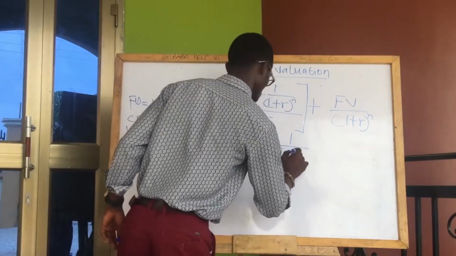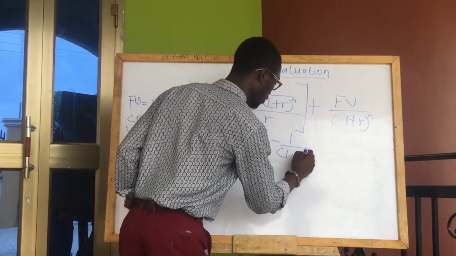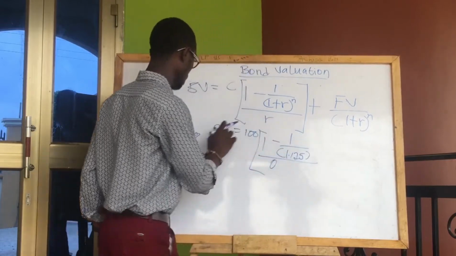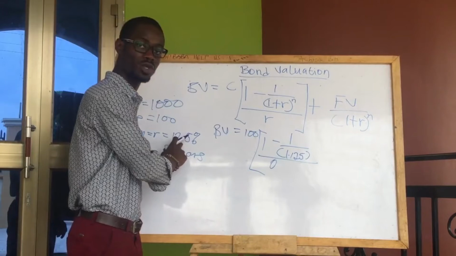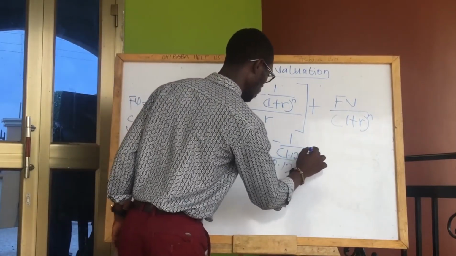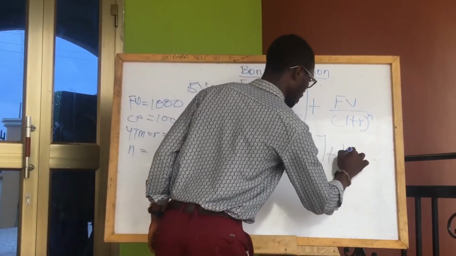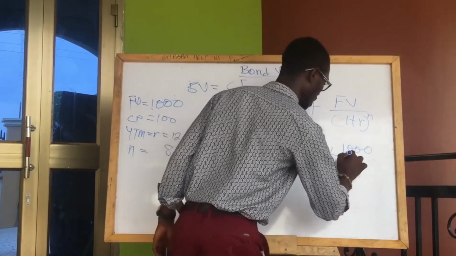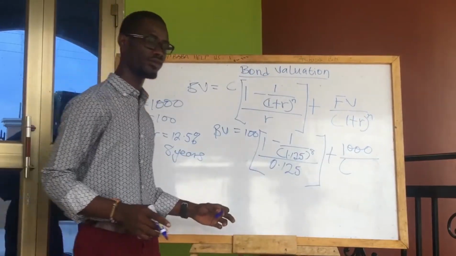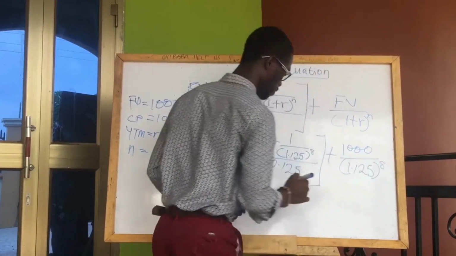So plus 1 gives you 1.125, all divided by R, which is 0.125, with the power 8, plus 1,000 Ghana cedis divided by 1 plus 0.125, which is 1.125 with the power 8.